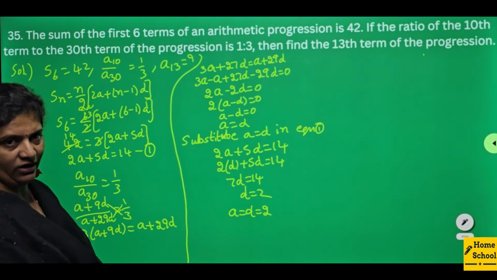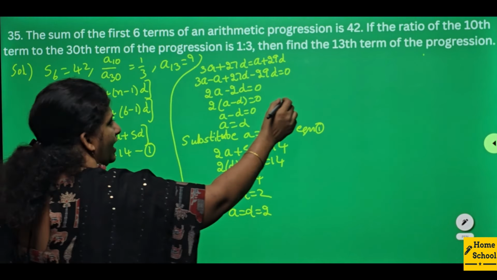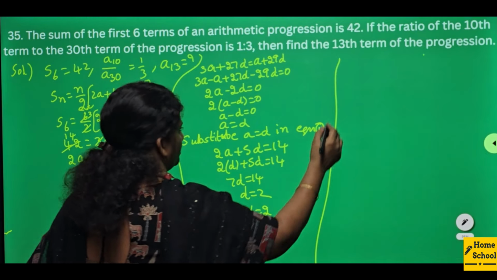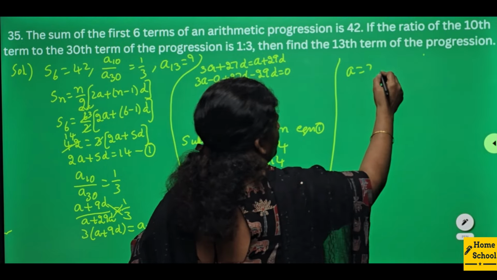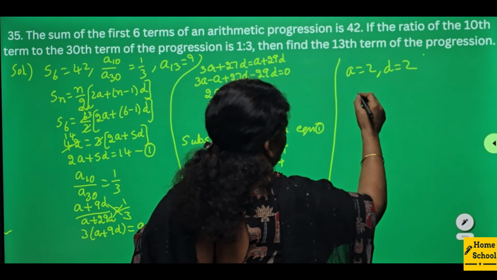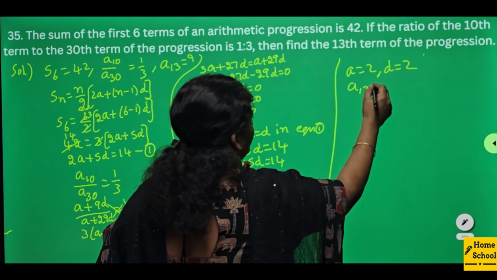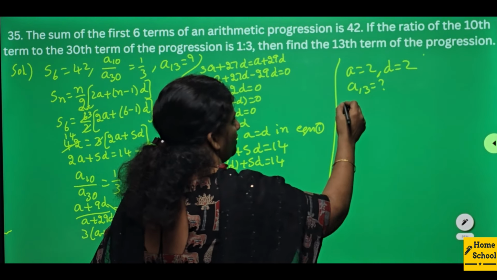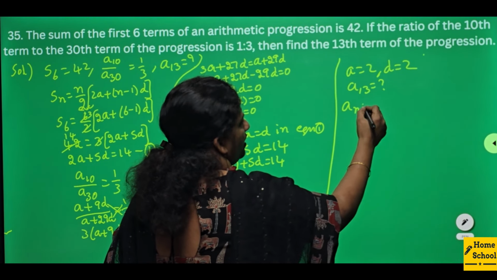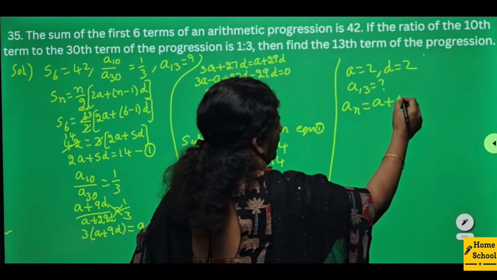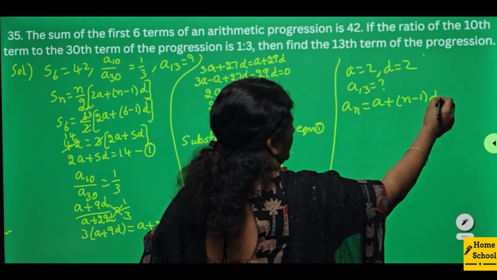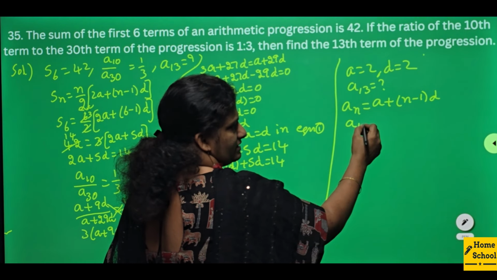a is 2, d is 2 we got. What we need to find? A13 is the question. We know a is equal to 2 and d is equal to 2. We need to find A13 is equal to question mark. We know the nth term formula. An is equal to a plus n minus 1 into d. n value is 13.